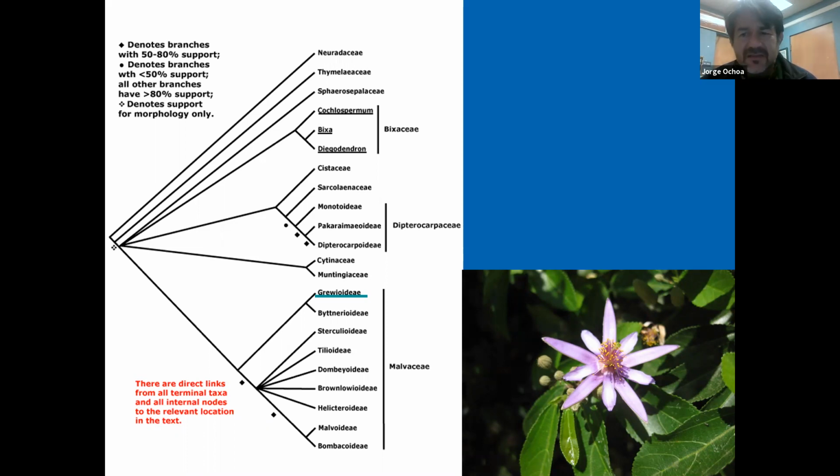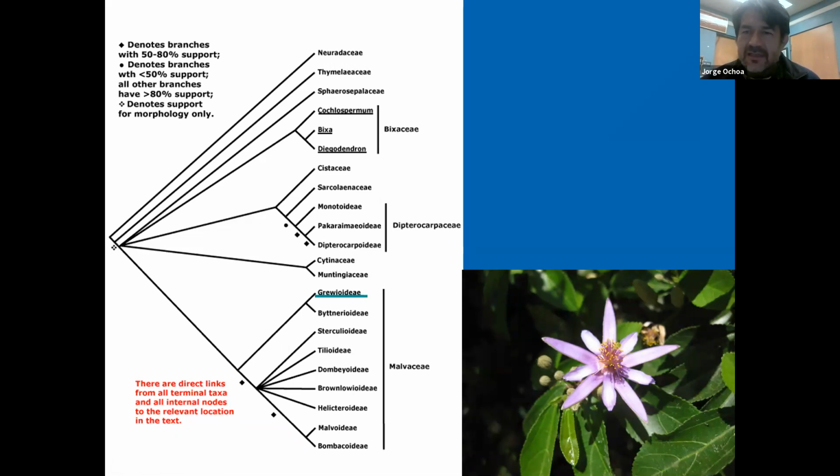Maybe this one is a little smaller because it's a different species, but they all came from one common ancestor millions of years ago. As they branched and diversified, they became their own individuals. That's where all of the members of the Malvaceae originate, from one common ancestor. You can see where they have determined that the lineage may have separated, giving rise to some of these other subfamilies, or where they separated from their other closely related members in the same group of plants.